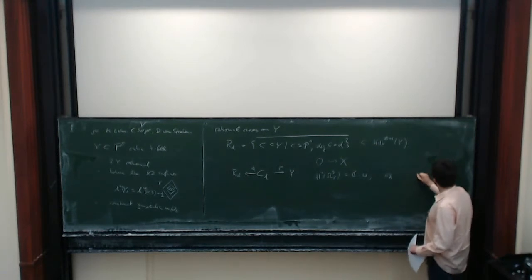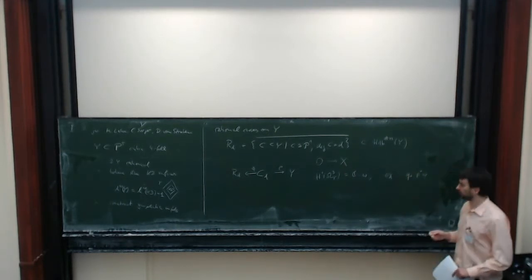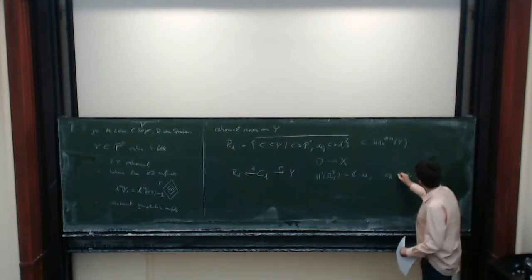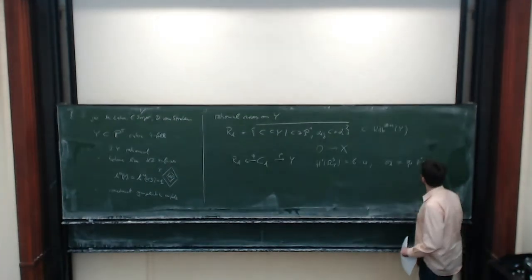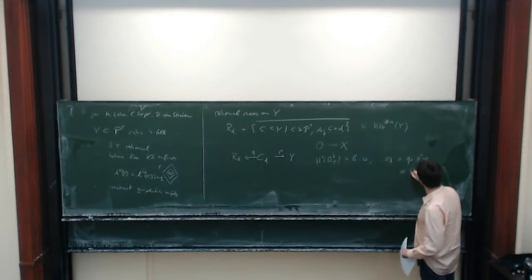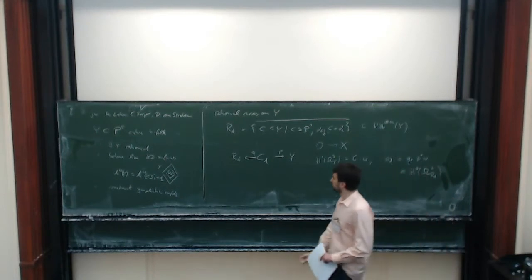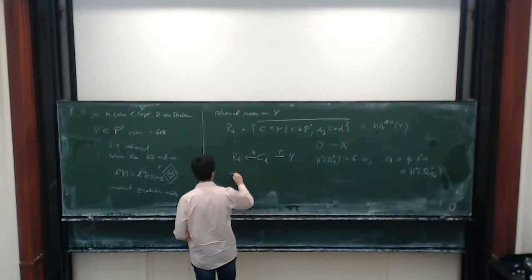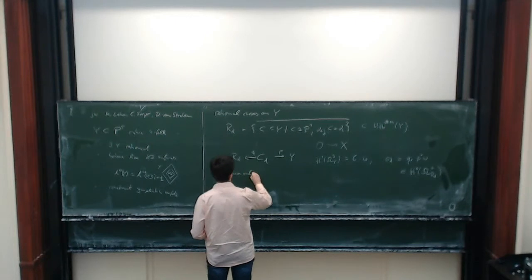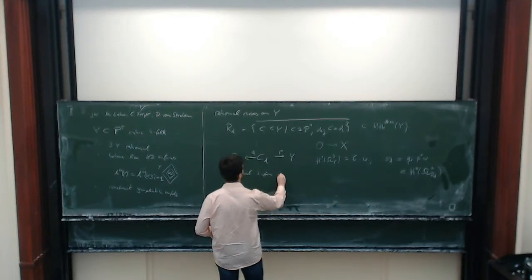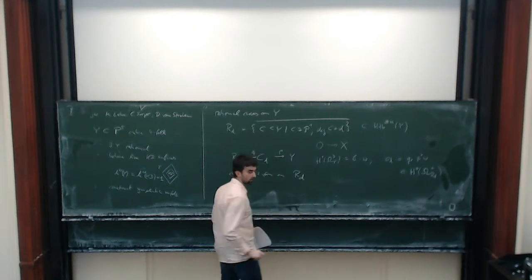This will be the pullback along P of omega. And then we push forward, we integrate along the fibers, the map Q. So this gives us now a form of type (2,0) on R_d. So there's a canonical holomorphic 2-form on the space of rational curves.